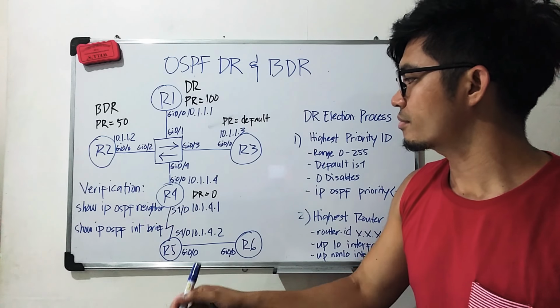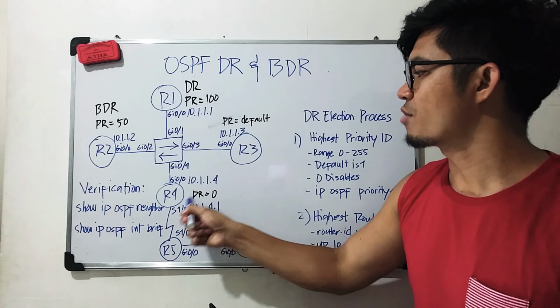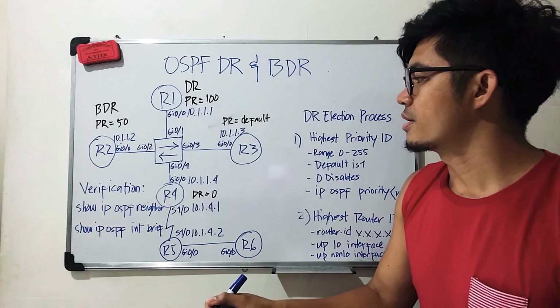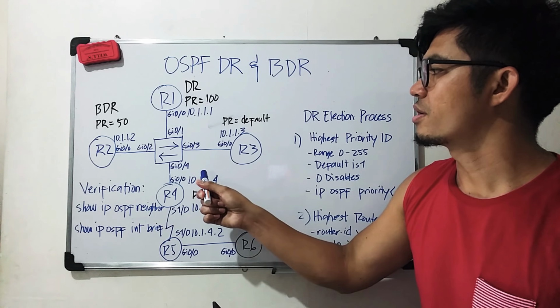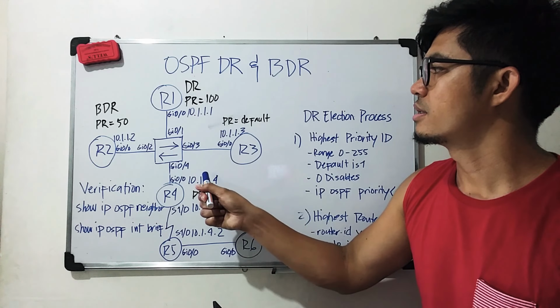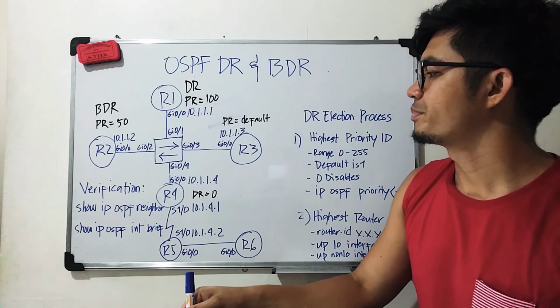R3 is 1. So these routers here, R3 and R4, will be the DROther routers because they have lower priority compared to R1 and R2.